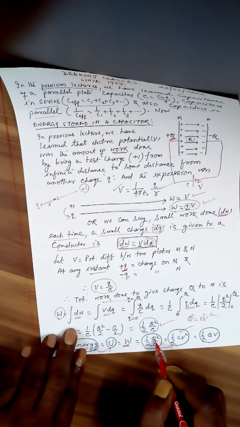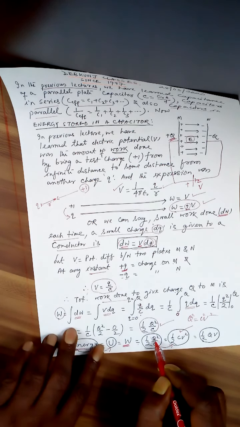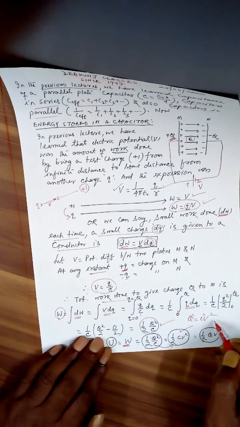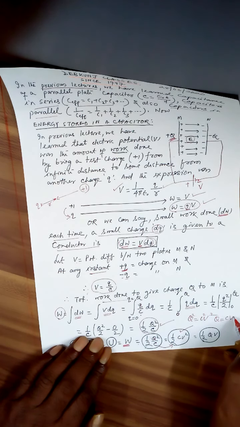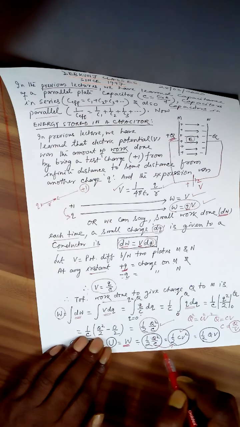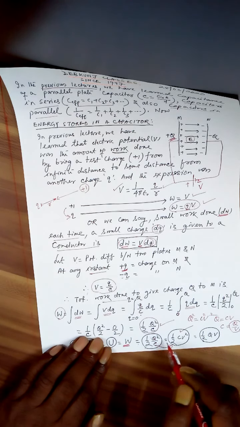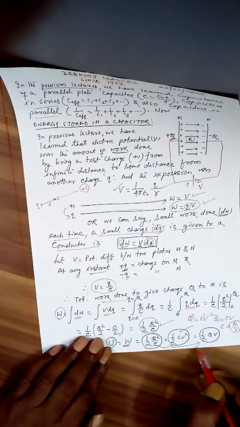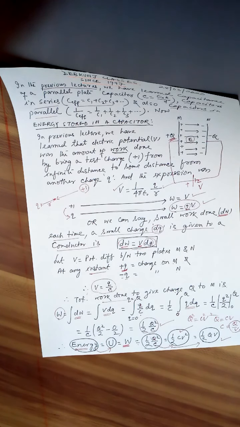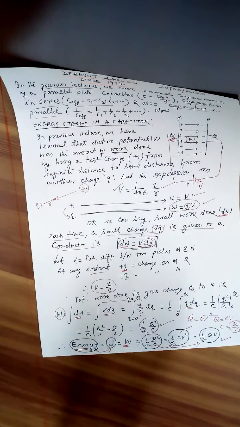Instead of putting the value of Q, which is equal to CV, if you put the value of C, we know Q is equal to CV, so C is equal to Q by V. I put here, instead of C, Q by V, so this comes out to be half QV. So that is the energy stored in a parallel plate capacitor while charging it with a battery.